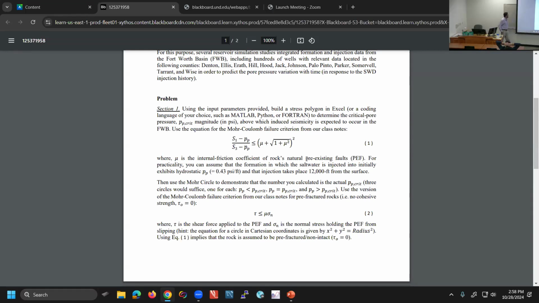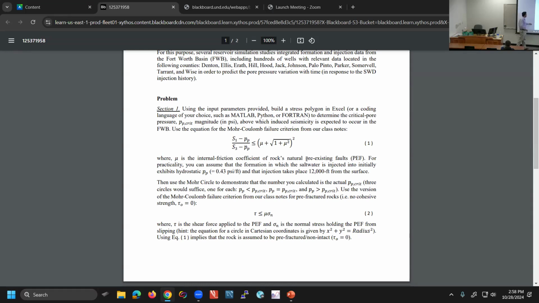For practicality, you can assume that the formation in which the salt water is injected initially exhibits hydrostatic pore pressure, 0.43 psi per foot, and that injection takes place at 12,000 feet from the surface. Then use the Mohr circle to demonstrate that the number you calculated is the actual PP crit. Three circles will suffice, one for each: pore pressure below critical, pore pressure at critical, pore pressure above critical.